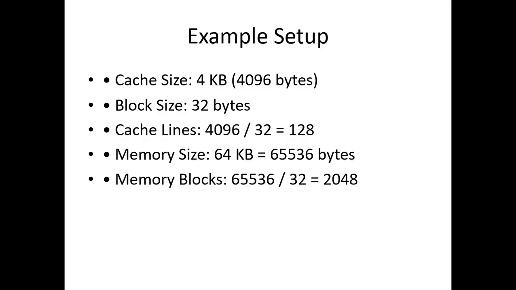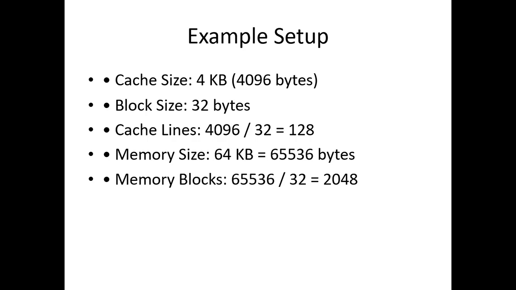Let's break down the address structure in fully associative mapping using this example. Assume a cache size of 4 kilobytes and a block size of 32 bytes. To get the cache lines, we simply divide the cache size by the block size to get 128 cache lines. Then consider a main memory size of 64 kilobytes, which gives us 2048 memory blocks. Since the address is 16 bits long, the fields are as follows.